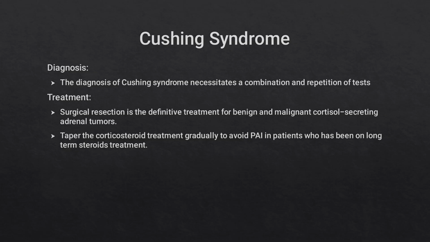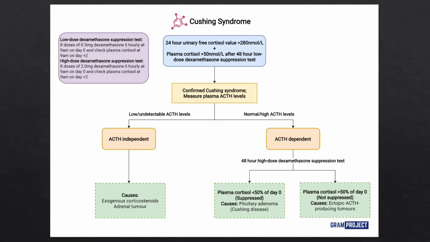For the diagnosis, there is actually an algorithm for diagnosing Cushing syndrome. How we diagnose Cushing is important in exams, like board exams. They always want you to know what is the most initial step, or what is the best diagnostic step.